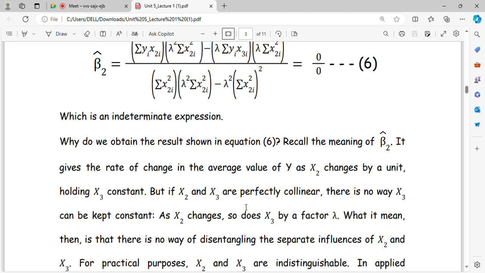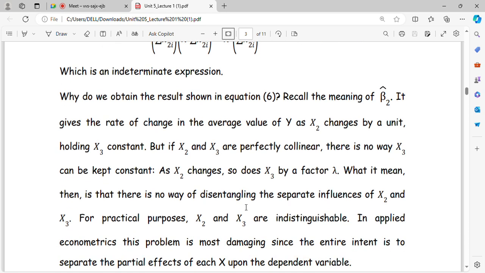Because if x2 changes, x3 will change by a factor lambda as far as our assumption is concerned. So what it means is that there is no way of disentangling the separate influences of x2 and x3. We cannot separately see the influence of x2 and x3 on y.